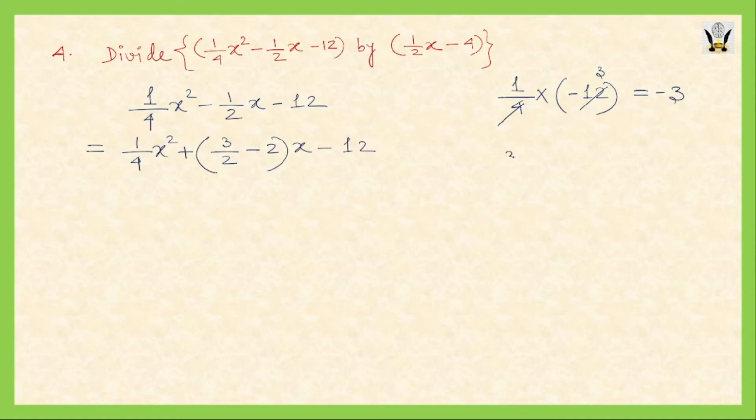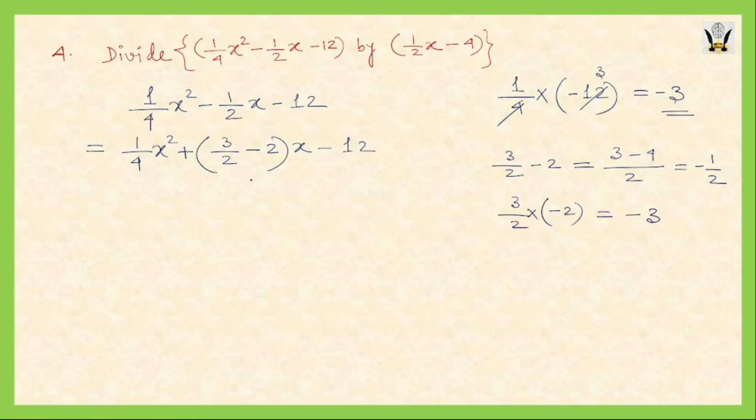So 3 by 2 and minus 2, if we simplify this, will be 3 then minus 4, right? So it will be minus half, and when these two values, 3 by 2 and minus 2, are multiplied, it will be minus 3.